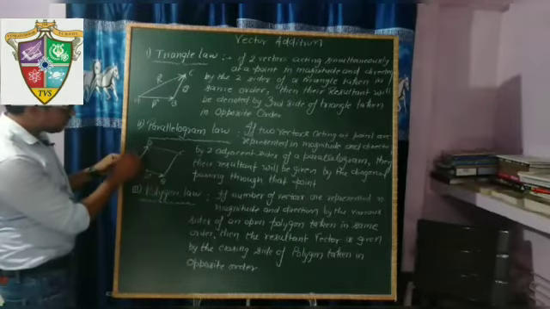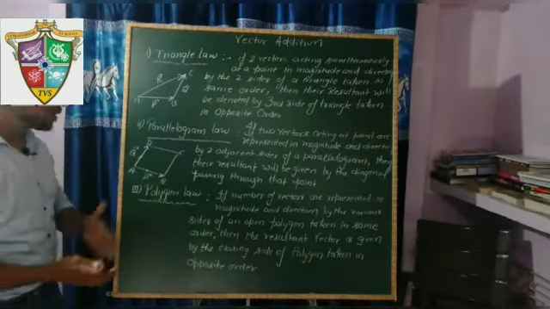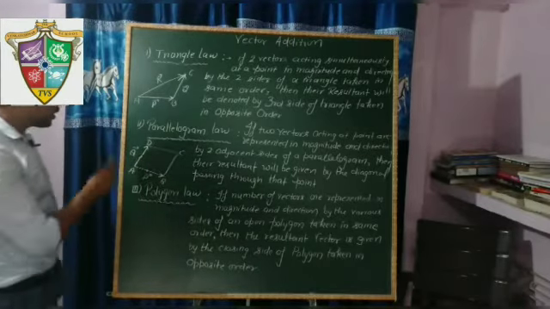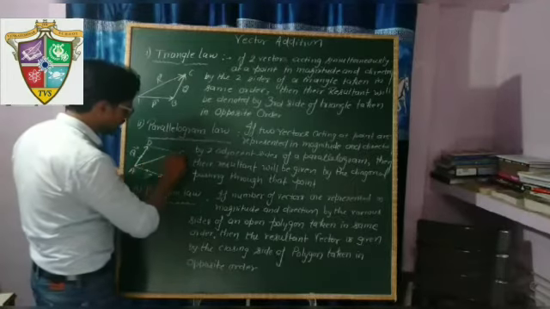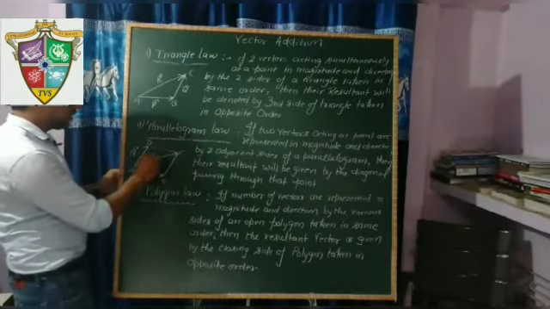If this vector is P and this vector is Q, then the resultant will be given by the diagonal passing through this common point. This is the resultant vector.